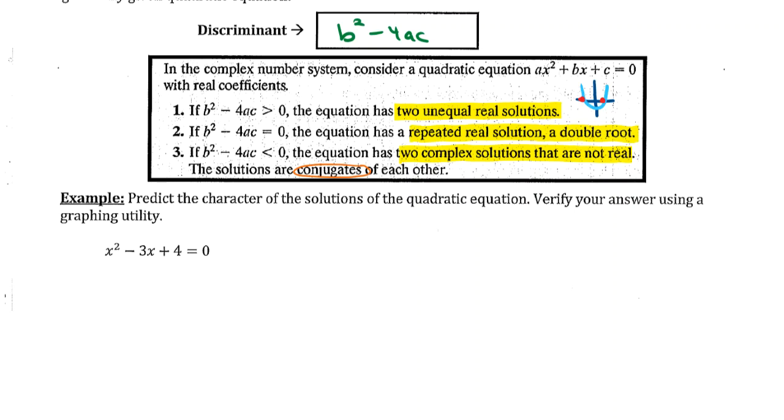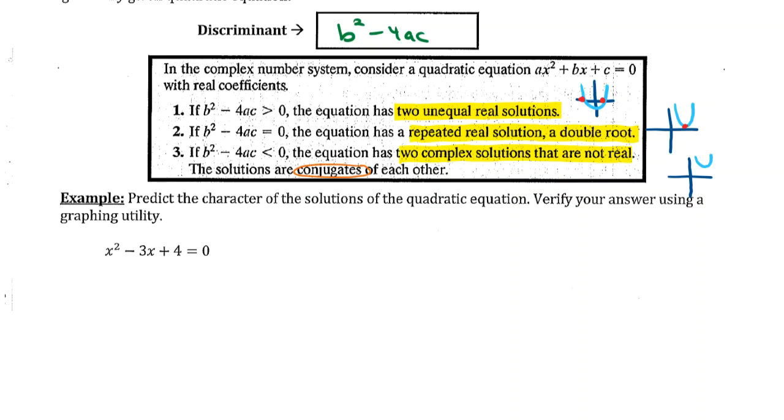If the discriminant winds up equaling 0, then the graph is going to involve a parabola that touches the x-axis. So there's just going to be like one spot where it looks like the parabola is intersecting the x-axis. Whereas if the discriminant is negative or less than 0, that's going to yield a parabola that doesn't do anything to the x-axis. It's not going to cross or touch it.